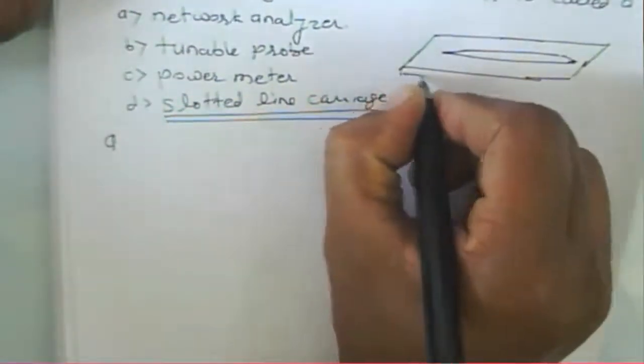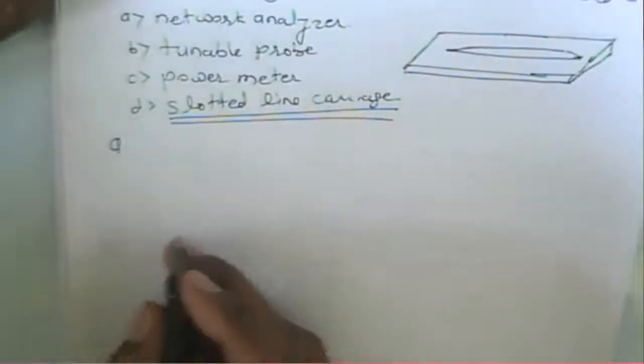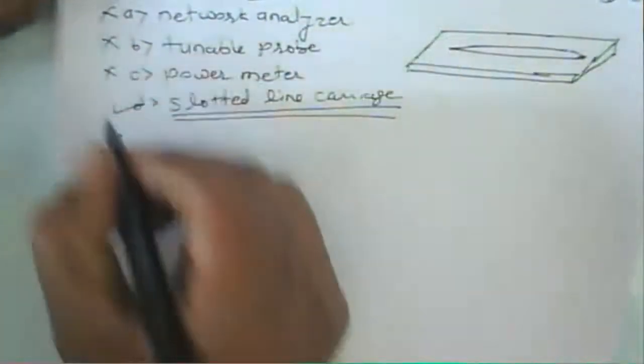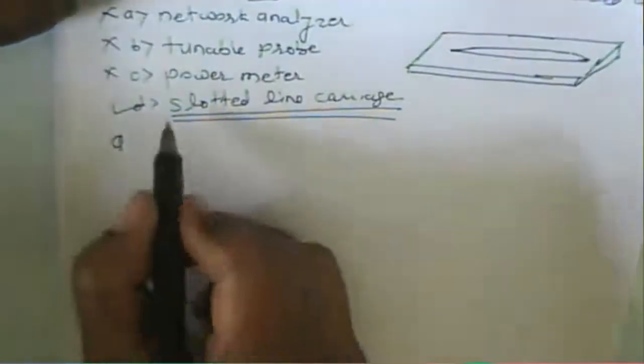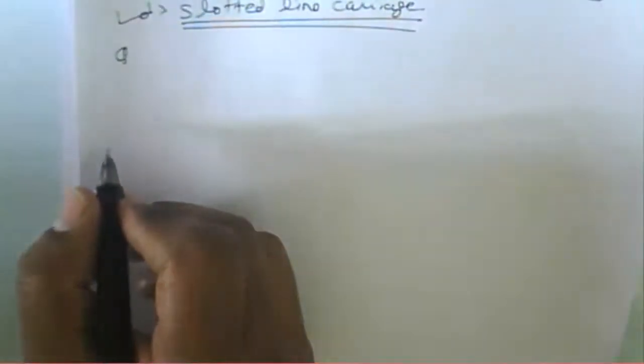You can also say it is a slotted waveguide. So the answer is correct. The network analyzer and the others are not it. So that's about a slotted line. The answer is correct.